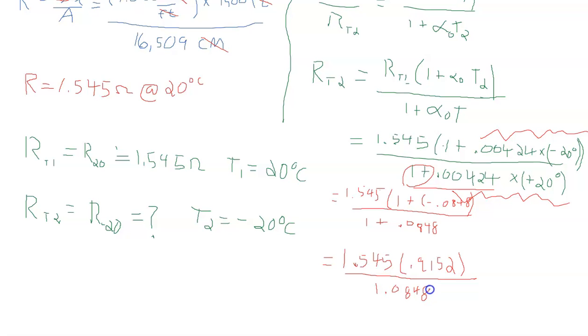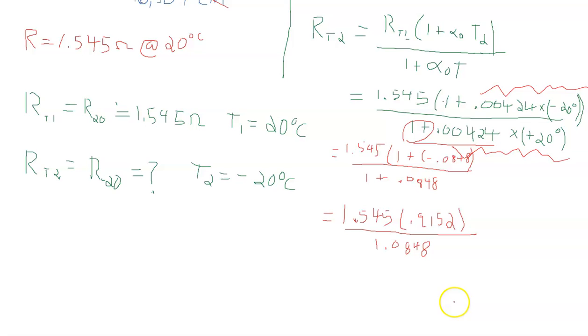Again, it's very important to get the algebra correct here. Now, you'll notice that the numerator got a 0.91, the denominator got a 1.0848. And so that's going to represent a drop in resistance. The temperature went from 20 to negative 20, and so we expect a drop in resistance.